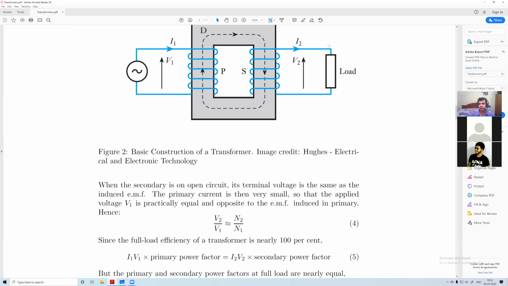That is obvious that I2 is 0, but is I1 0 also? Not 0. Why? Because some current flow is required to produce this flux. It is very small, but it is not 0.